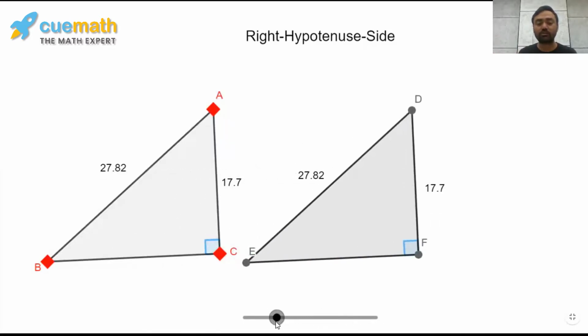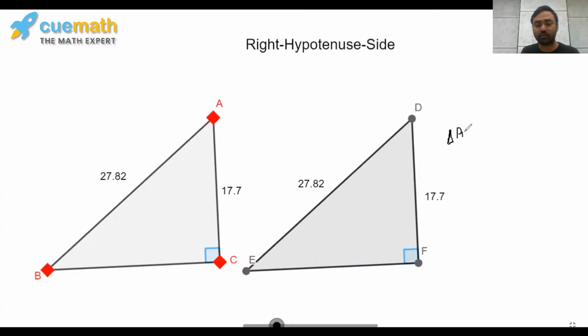So based on the condition that in a right angle triangle, the hypotenuse and one of its sides are equal to the hypotenuse and the corresponding side of the other right angle triangle, we can say that triangle ABC is congruent to triangle DEF, and here the criteria used is the RHS criteria.